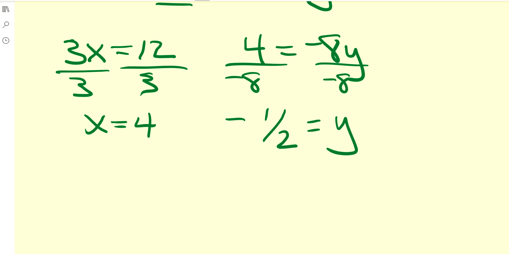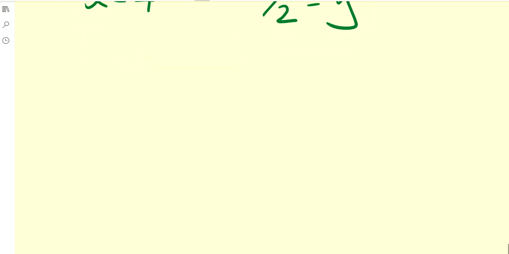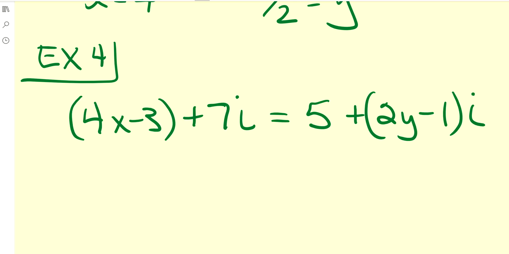Let's try example 4. Okay, here it is. And how about it? So now I've got the real part and the imaginary part. Here's my real part, 4x minus 3 in parentheses.